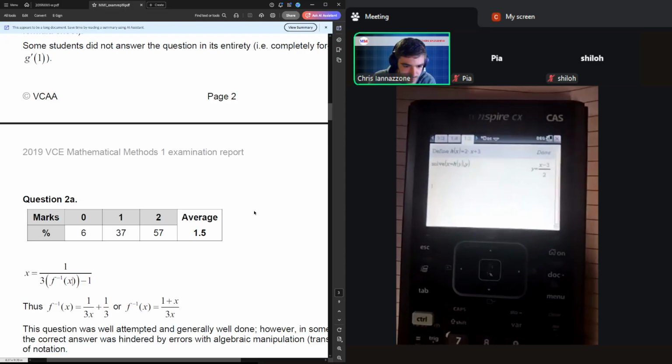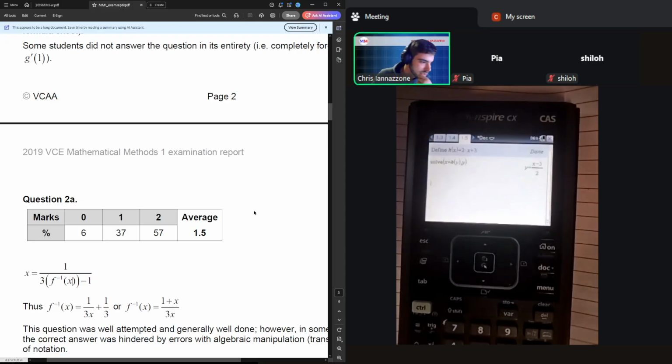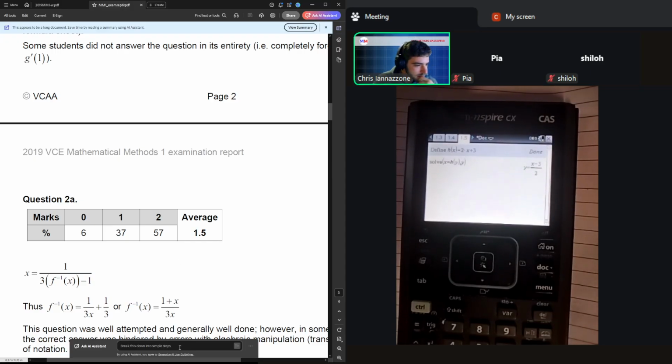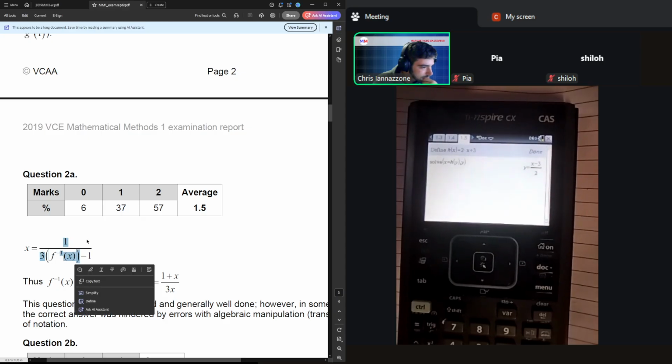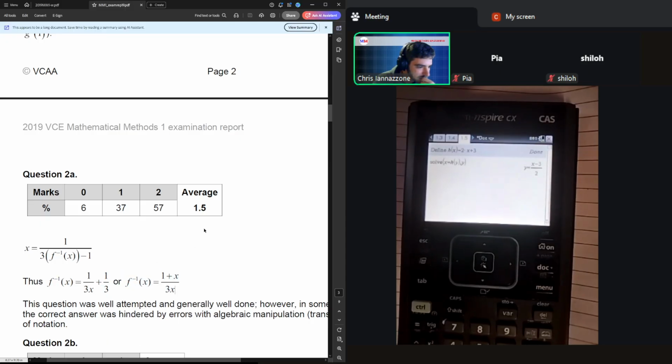And that'll solve the vast majority of inverses. When it gets to logs, I think it starts complaining a little bit, but this helps in pretty much every case. And so if you do that, it'll do that rearranging for you, whether it gives the split fraction or the condensed fraction, whatever.